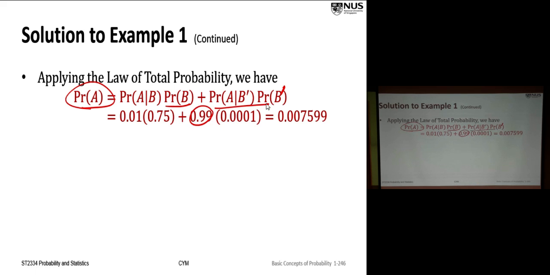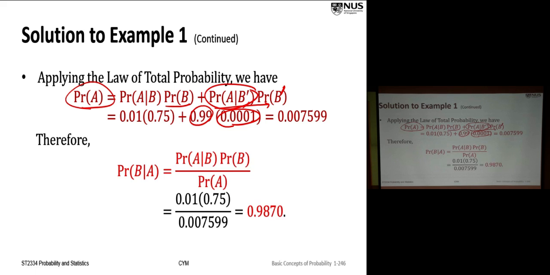This is the probability of B complement, and this is the probability of A given B complement. So after all, we don't care whether the design is faulty or not. A house has a probability of 0.0076 of collapse. The collapse may be due to faulty design, or it just collapses even if the design is okay.